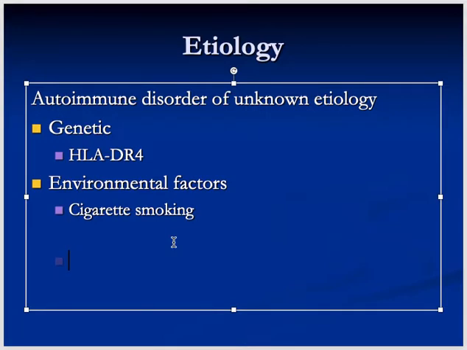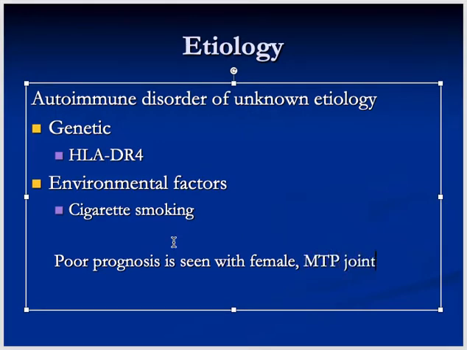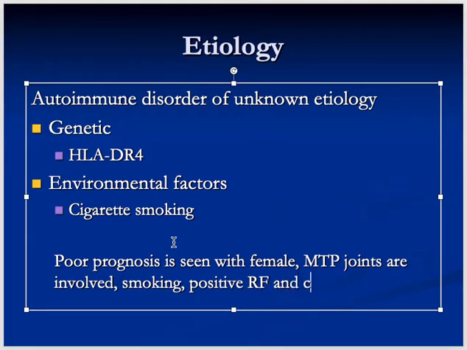Some of the things they found, you cannot say it's etiology; rather you will say that poor prognosis is seen with someone who is female, and when the metatarsophalangeal joints are involved, as well as smoking, positive rheumatoid factor, and anti-CCP, right? Anti-CCP, I told you it is the most specific one.